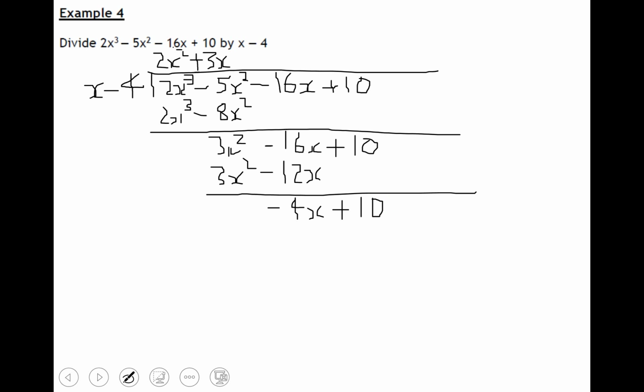Bring down the 10. What do we multiply x by to get minus 4x? Minus 4. Minus 4 times x is minus 4x. Minus 4 times minus 4 is plus 16. And subtracting we get minus 6.